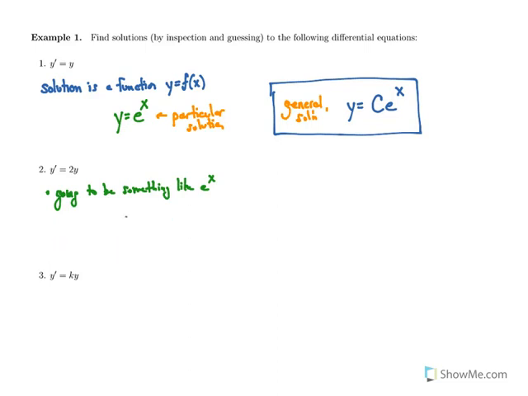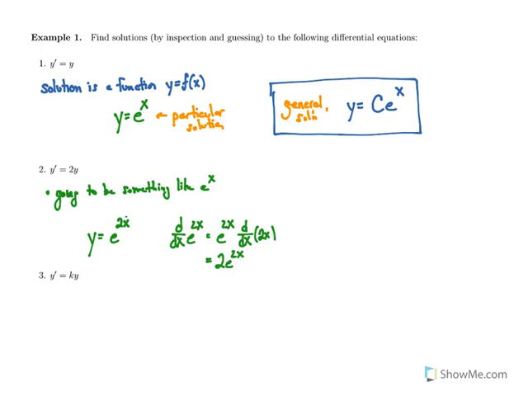So let's instead ask: is there a function like e to the x that when I take its derivative, I get 2 times that function? This is going to be e to the 2x. When you take the derivative of e to the 2x, you get e to the 2x itself times the derivative of the inside function, 2x, and that is 2e to the 2x.